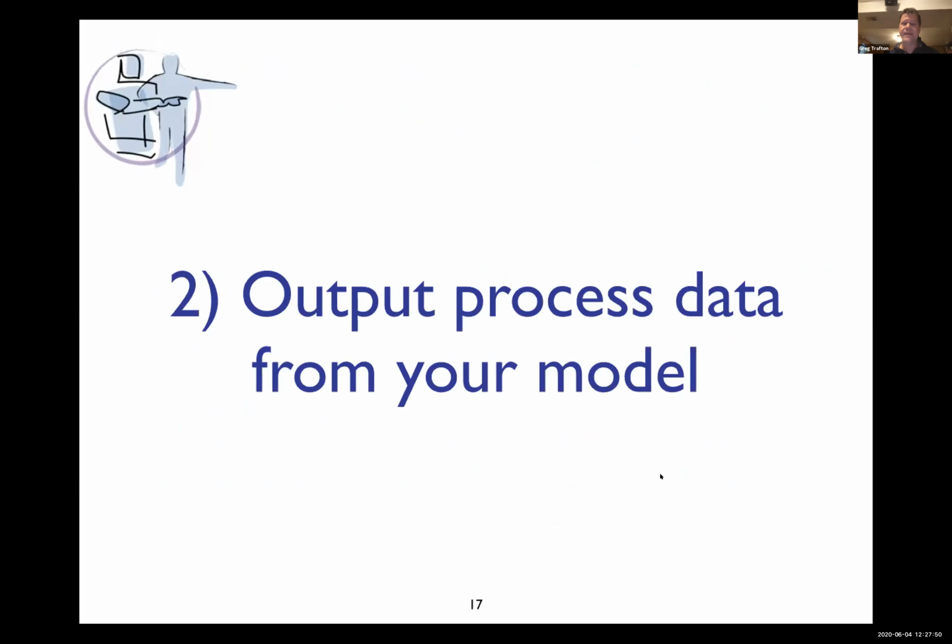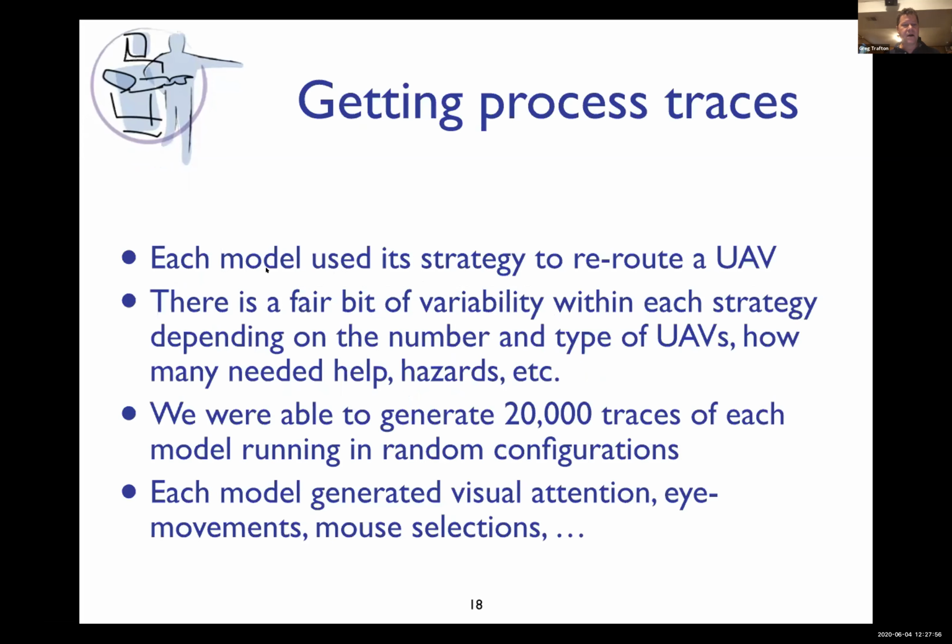Step 2 is we need to output process data from our model. And most of our cognitive architectures are able to do that. So essentially, each model has its own strategy to reroute a UAV. And of course, because it's a dynamic task, there's a fair bit of variability within each strategy. We have multiple different targets, multiple different UAVs, multiple different hazards.